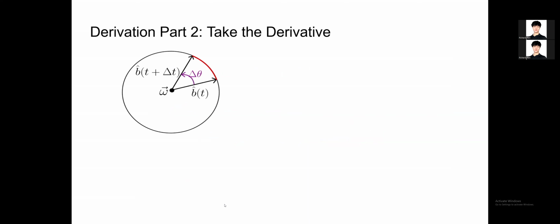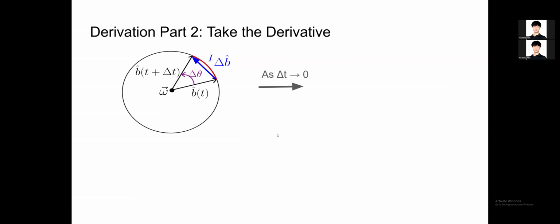Frame B has a circular motion relative to us, so we can say that in a time delta t, the basis vector of B will have traveled an angle of delta theta. The difference between the B hat vectors is denoted as delta B hat. And I put a subscript I here in the delta B hat for consistency, because if you were in the B frame, delta B hat would appear to be 0.